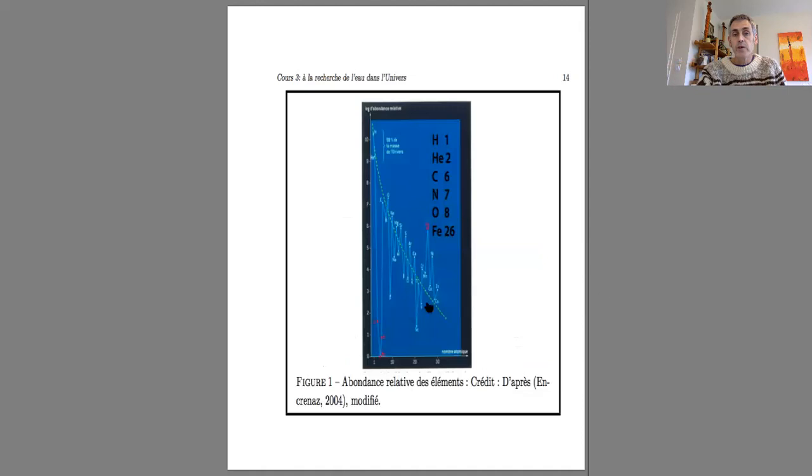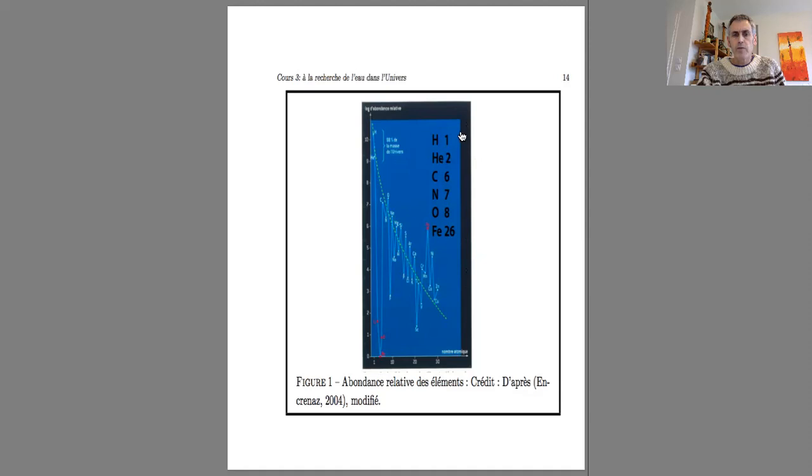So here's a figure that shows the logarithm of the relative abundance on the vertical axis versus the atomic number on the horizontal axis. It's not all the elements, we just go out to atomic number 30 something here. Zinc is atomic number 30.